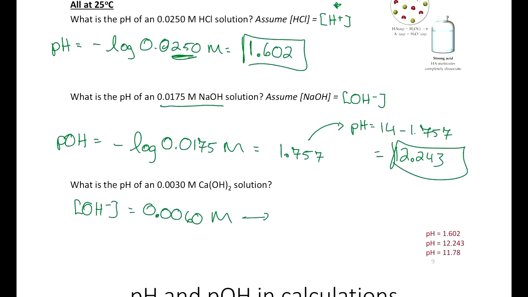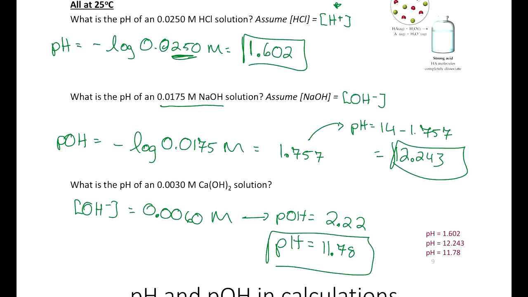So then you just POH that value, you get something like 2.22 is your POH, and so then your pH is something like 11.78. 2 decimal places because that concentration has 2 sig figs. All right, and yes, that is a basic pH, so you can be satisfied that your pH value is correct because it matches your intuition.